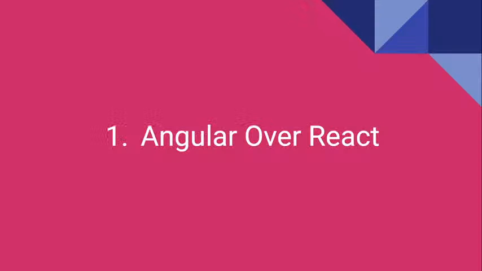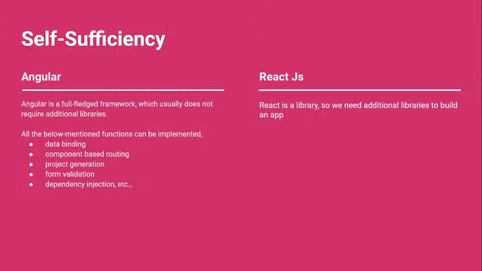Let's see. First, we focus on Angular over React, which means what things are better in Angular than in React. The first one is self-sufficiency. Angular is a full-fledged framework, so it's used for high-end applications. For example, we have data binding, component-based routing, project generation, form validation, and so on.